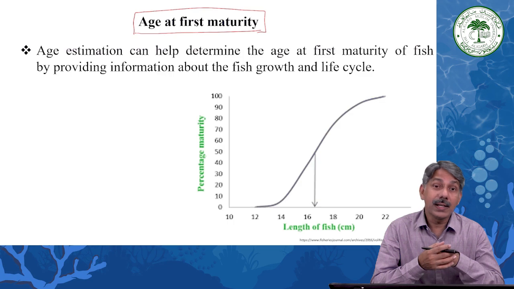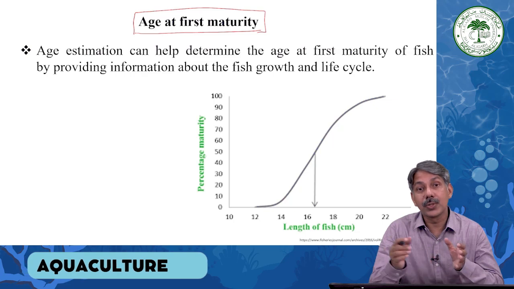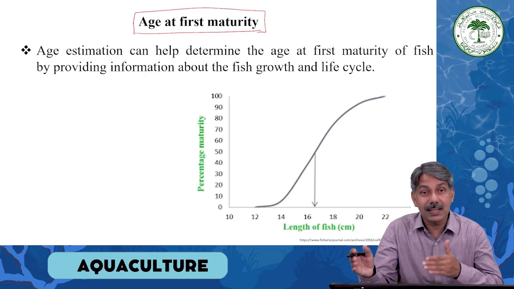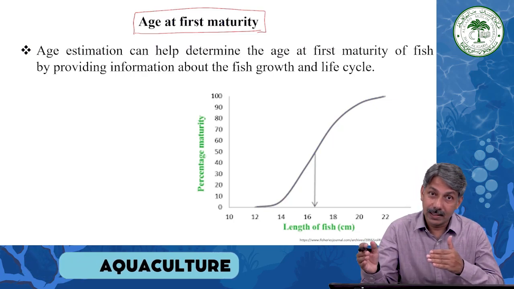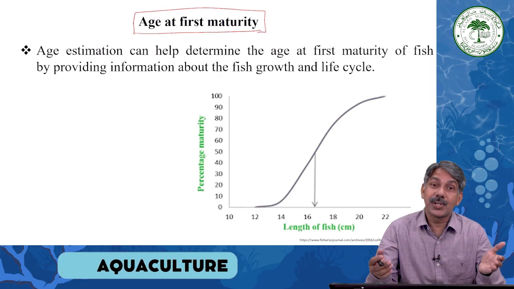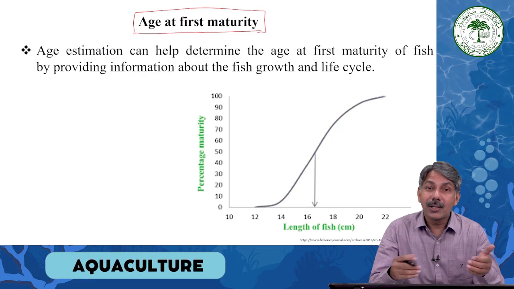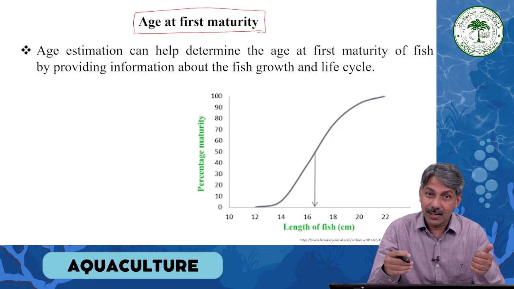So, if you do not have that information, that at what age, at what size the fishes are going to breed for the first time in their life, then you may end up catching or fishing those fishes which have not bred even once in their lifetime.